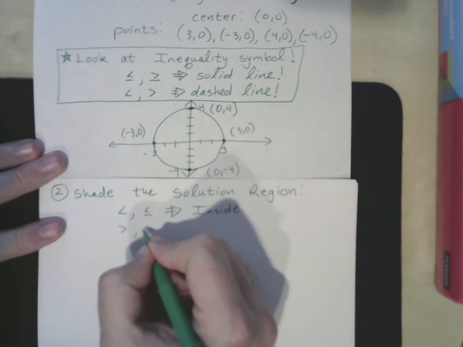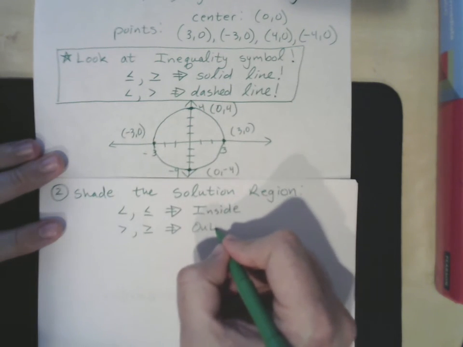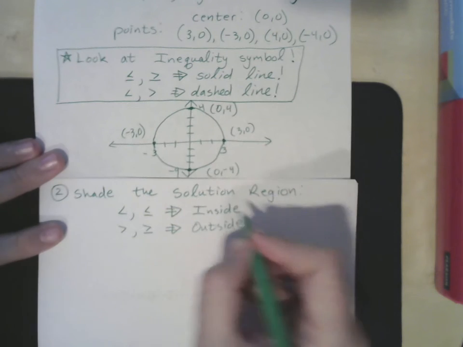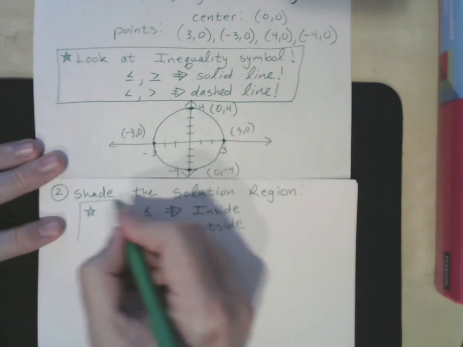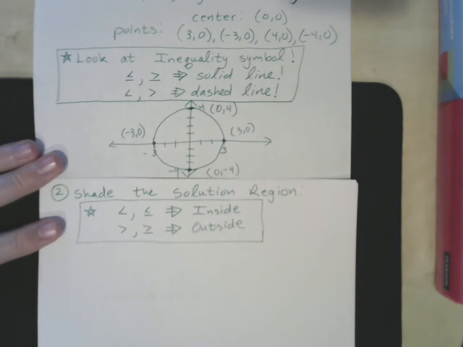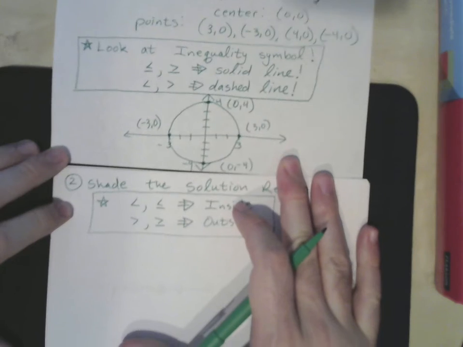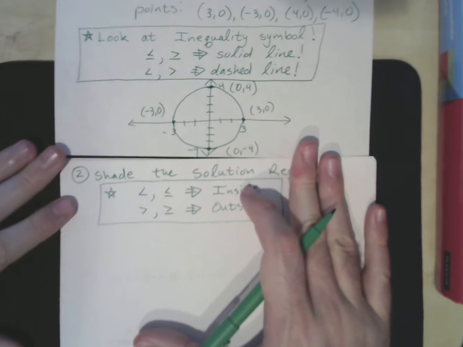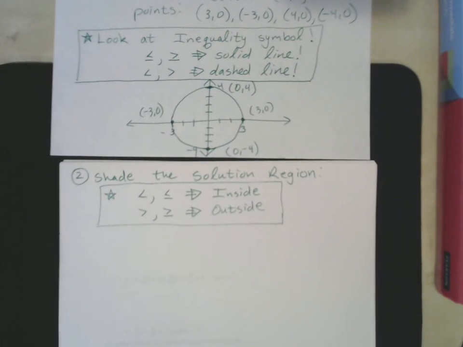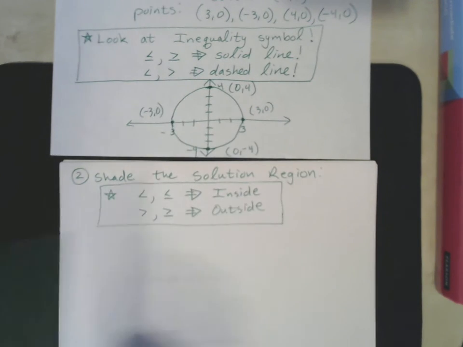And for greater than or equal to, it's not above, it's outside. So again, box this up, mark it off somewhere in your notes to make it obvious. This is the difference. So when we go to shade this ellipse in, we look at our inequality symbol, and that tells us where we shade, inside or outside. Now we have less than or equal to, so we're shading inside.